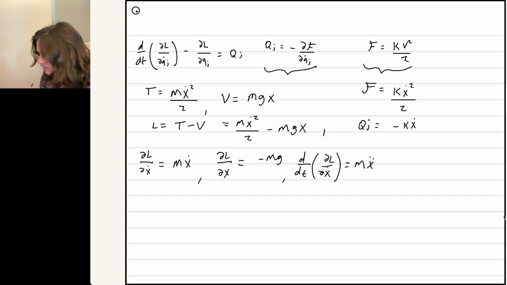Now we can write the whole Euler-Lagrange equation, which is m x two dots plus mg equals minus k x dot. Okay.